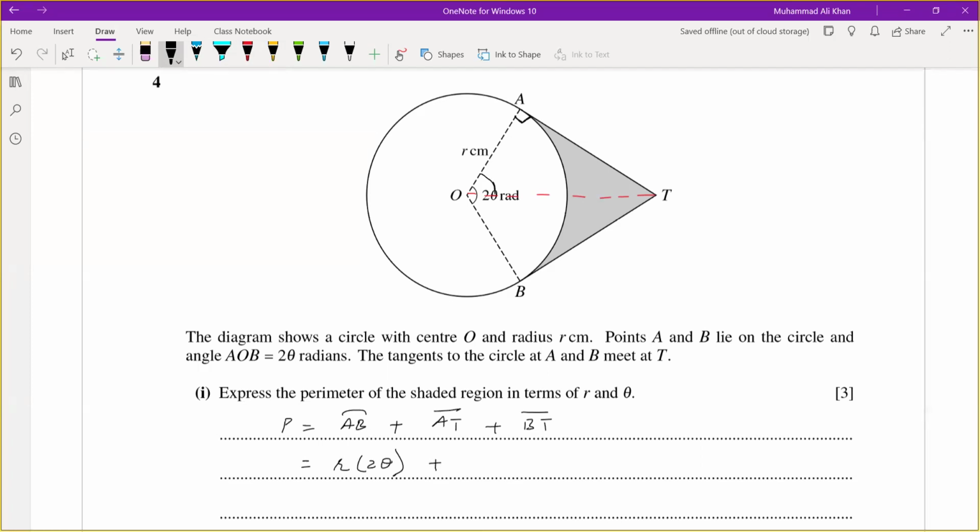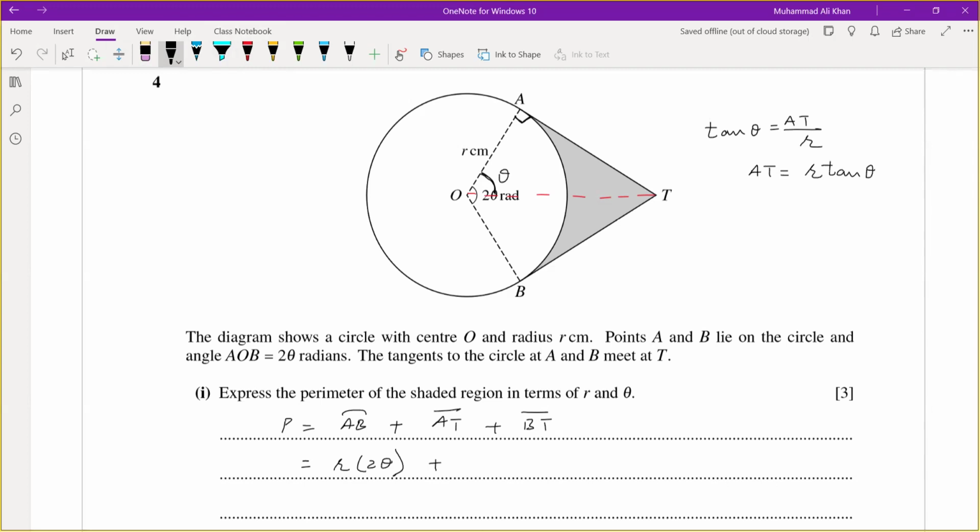So this angle is x. Let's say this angle is x. Sorry, this angle is theta. And I'm saying that tan theta equals to opposite over adjacent r. So AT equals to r tan theta.